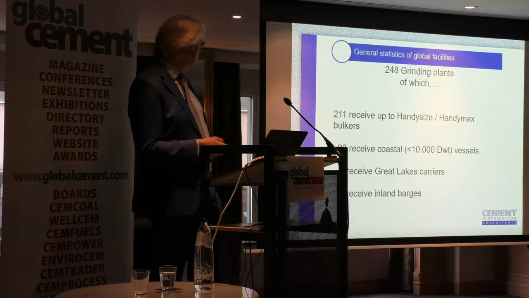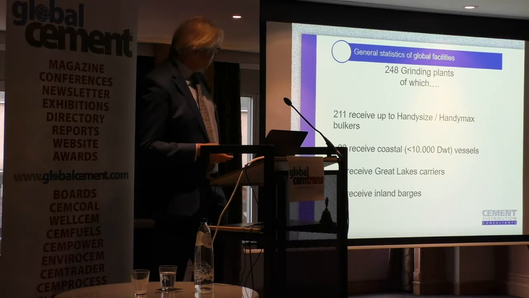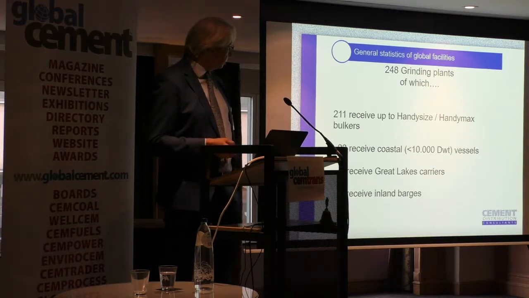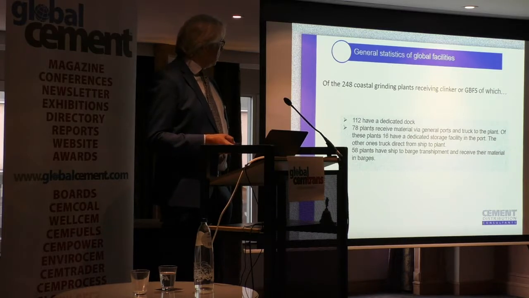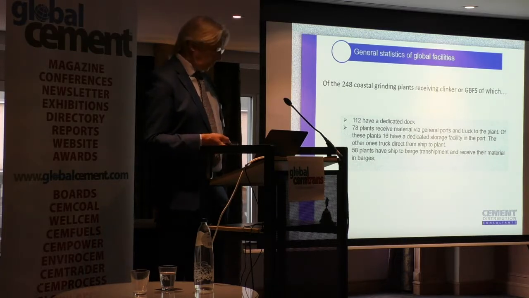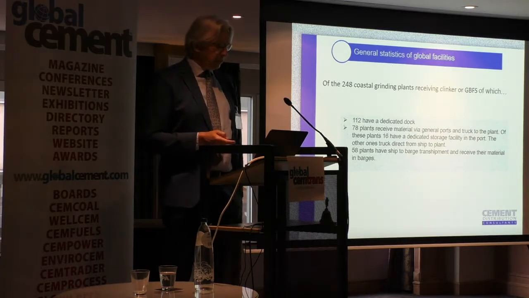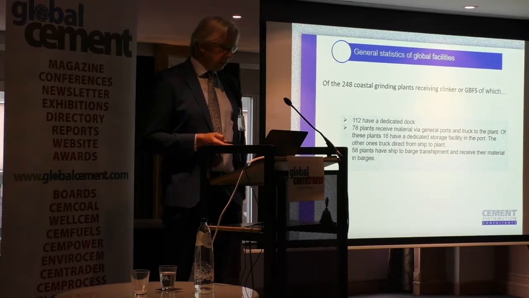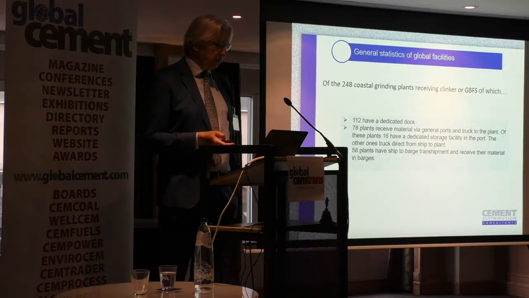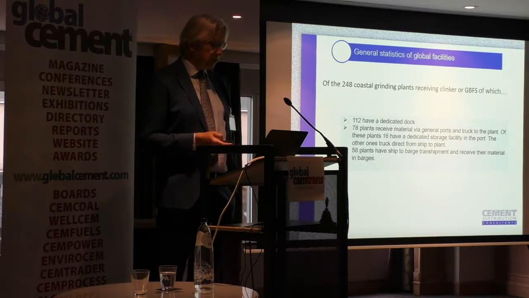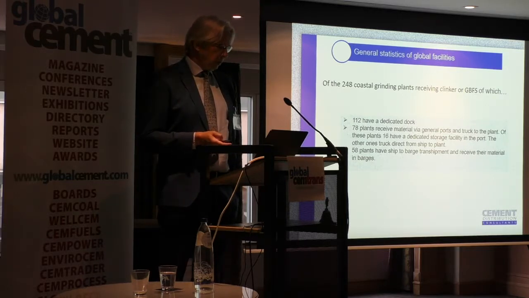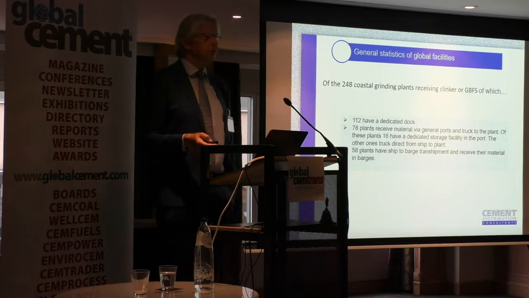There's a few on the Great Lakes, of course, and a number of them that receive their clinker or other material by inland barges. With the clinker plants, less than half have their own dedicated dock. Most of the plants receive via general ports, and 58 plants actually use ship-to-barge transshipment.